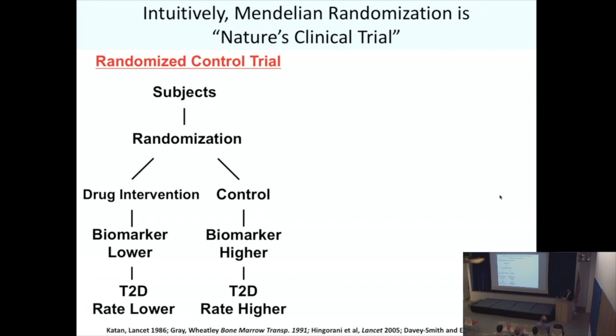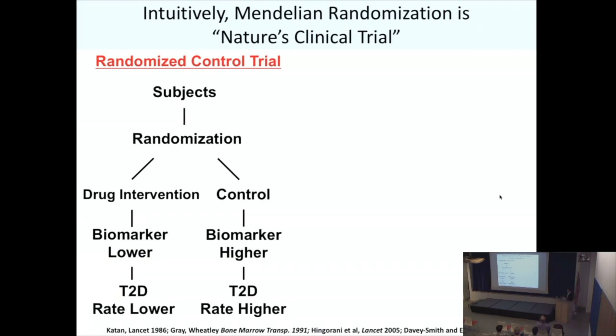We'd collect a large number of individuals and randomize them into two separate groups, one that gets an intervention, one that doesn't or gets standard of care. We'd measure a biomarker of interest that we think the intervention perturbs, and then ask: do subjects that receive the perturbation have lower rates of the endpoint we're trying to prevent relative to those that get standard of care or controls?